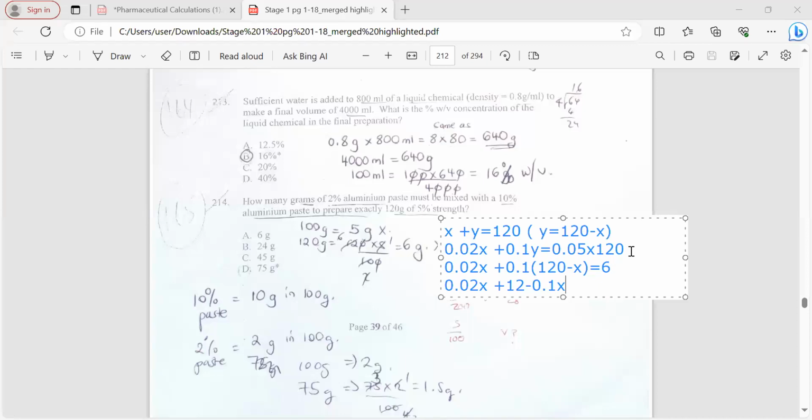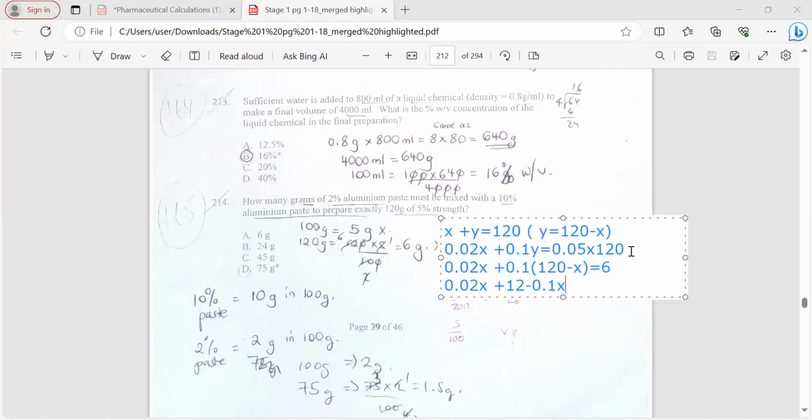So the way we were doing it: x plus y is equal to 120. Then we also did 0.02x plus 0.1y is equal to 6. What I don't understand is how they got that negative.